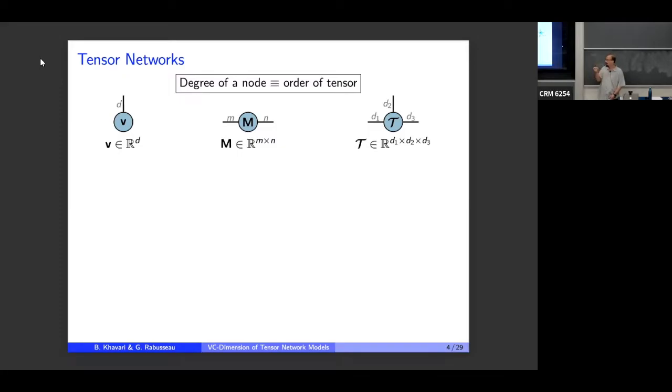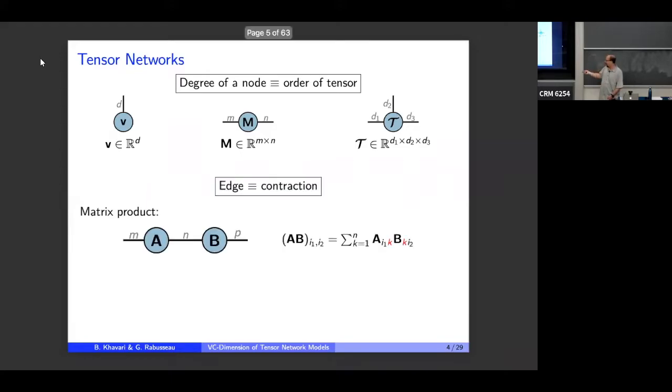The arity of a node, the number of legs, as I will call them, represents the order of the tensor. So a vector has just one leg because it has one index. A matrix has two legs because we have two indices, and the third order tensor has three legs.